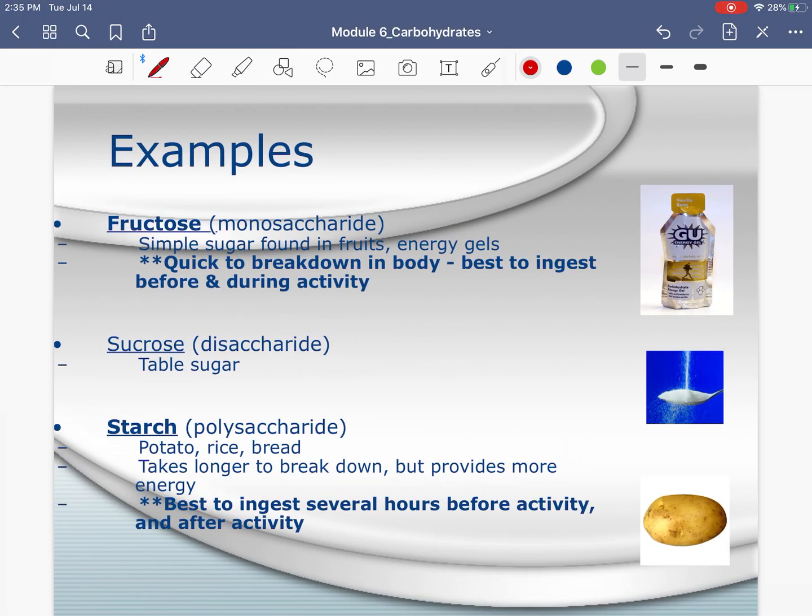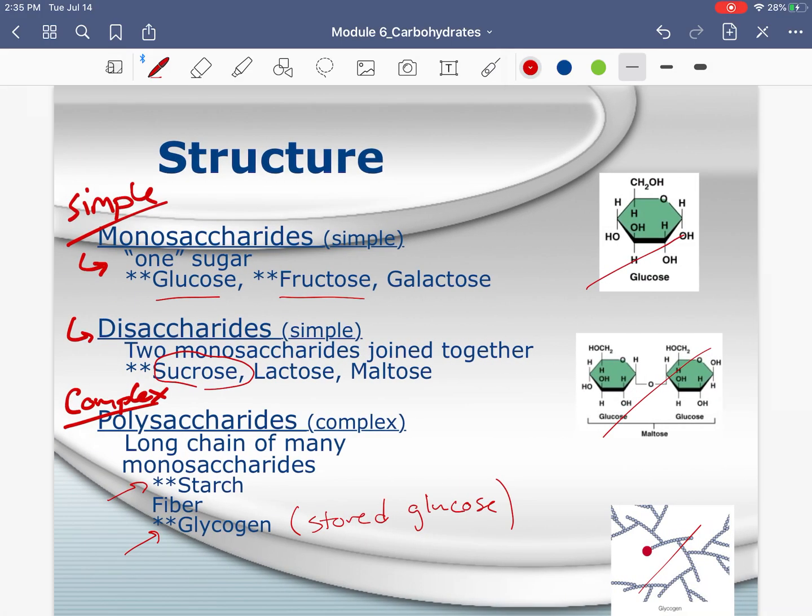And because we're going to be getting more in depth in this chapter, let's talk about some specific examples. I already told you about sucrose, so that should be a review. Sucrose is a disaccharide, 2 sugars, and an example of that would be table sugar, which we can see a picture right here, obviously. Glucose, which we talked about, is what circulates in the blood.